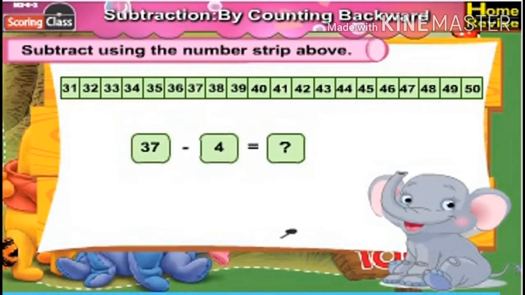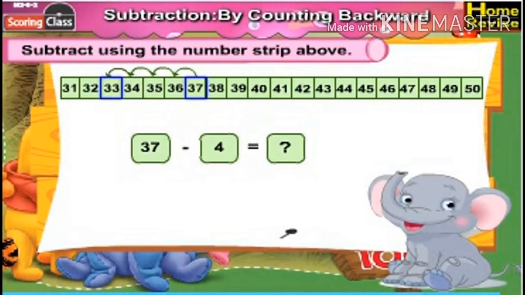37 minus 4. Now, in order to find the answer of 37 minus 4, we need to subtract 4 from 37. Subtracting 4 means going 4 places back. So, from 37 you'll go 4 places back, that is 36, 35, 34.